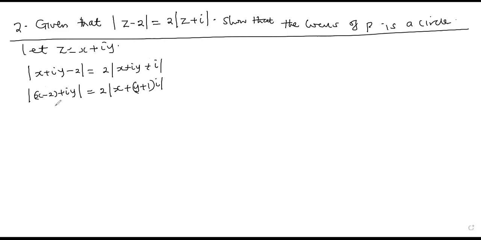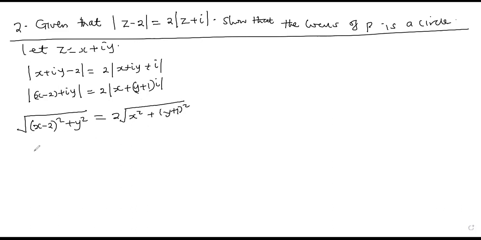So to remove this, we have to take the root both sides to get the magnitude. So we shall have the square root of x minus 2 squared plus y squared is equal to 2 into the square root of x squared plus y plus 1 squared.